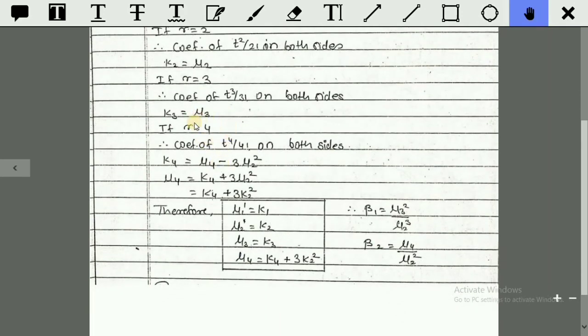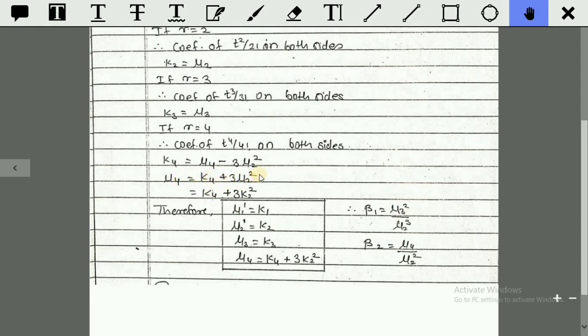In the same order, if we put r is equal to 4, comparing the coefficient of t raised to 4 upon 4 factorial on both sides, we get k4 is equal to mu 4 minus 3 mu 2 square. From here we will take mu 4 one side and everything else on the other side.